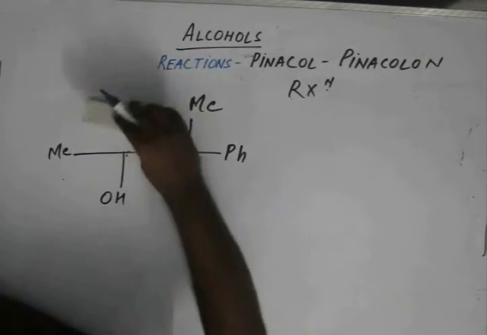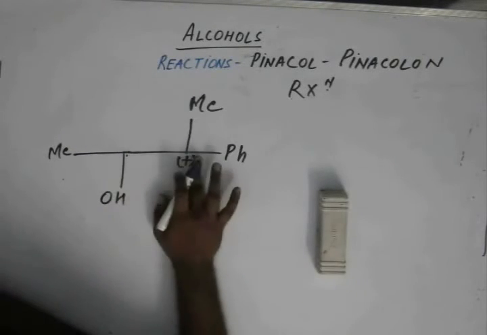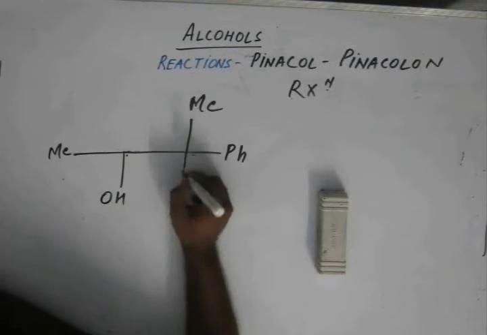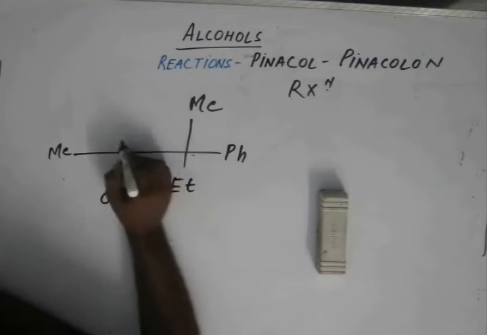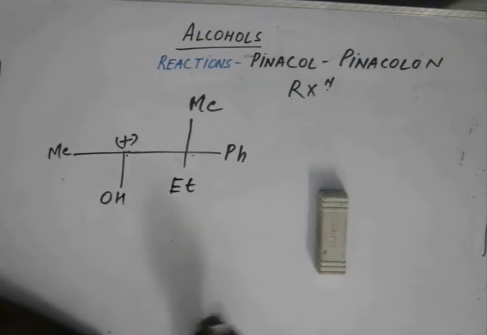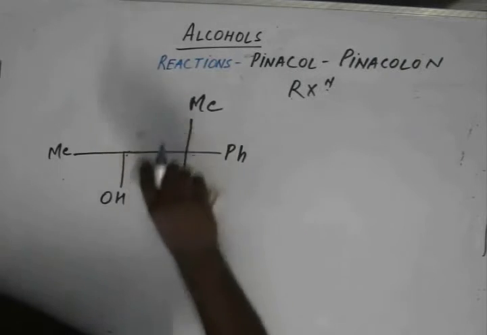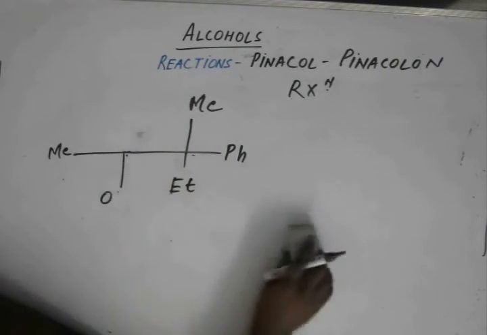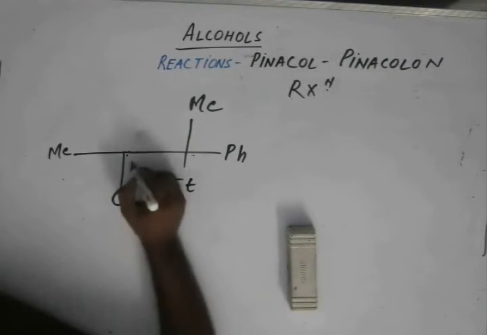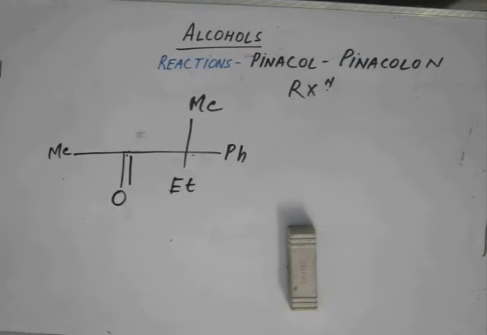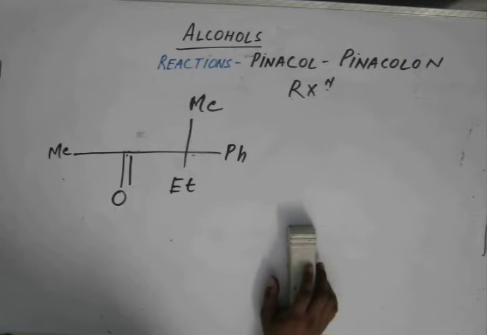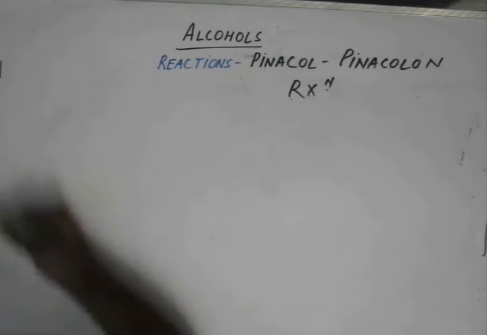Fine, so let's get Et migrated over here, shift the plus charge, so I write here Et and the carbocation is formed over here. Further, this carbocation is deprotonated and we are left with this. Alright, I think you're getting me on this. Fine, so I take up one more example.